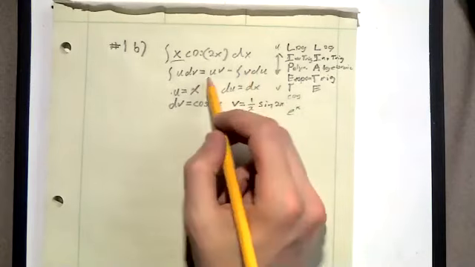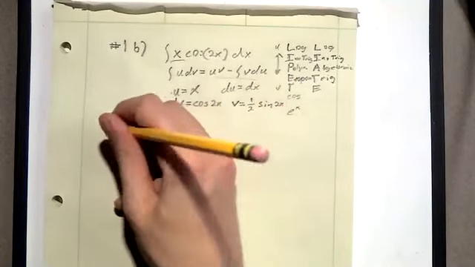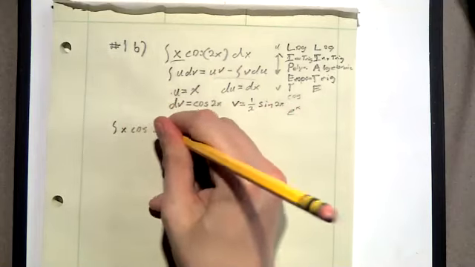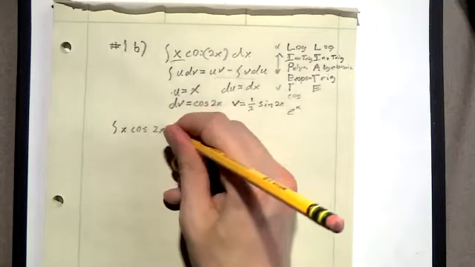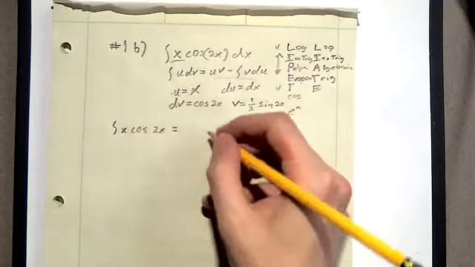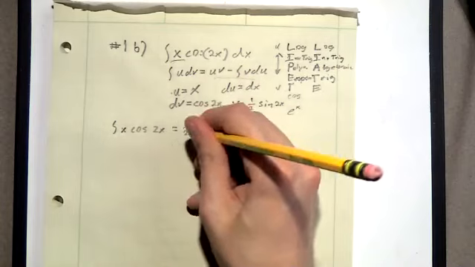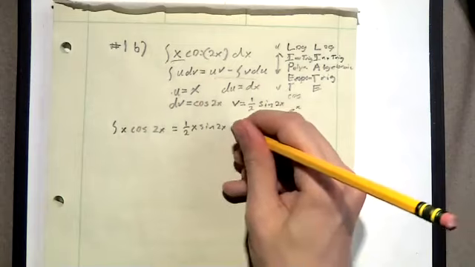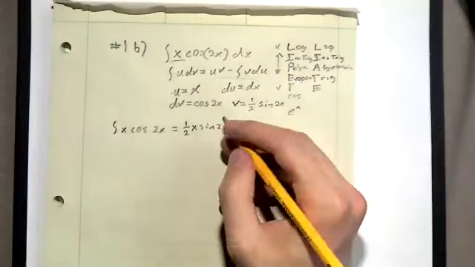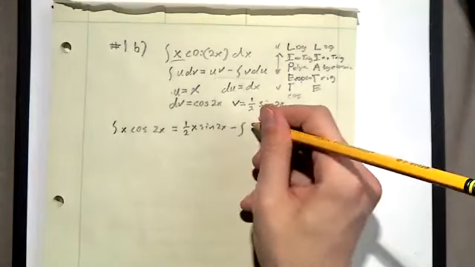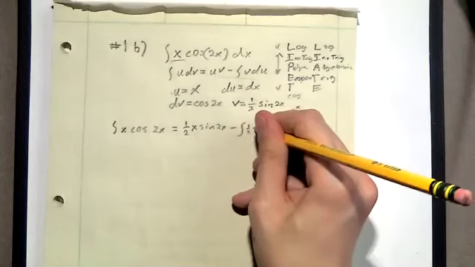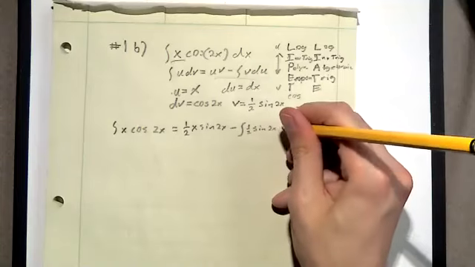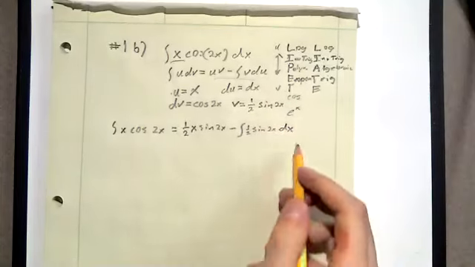So now we start filling this out, and we get the integral of x cosine 2x is equal to u times v, so 1/2 x sine 2x, minus the integral of v, so minus 1/2 sine 2x dx.